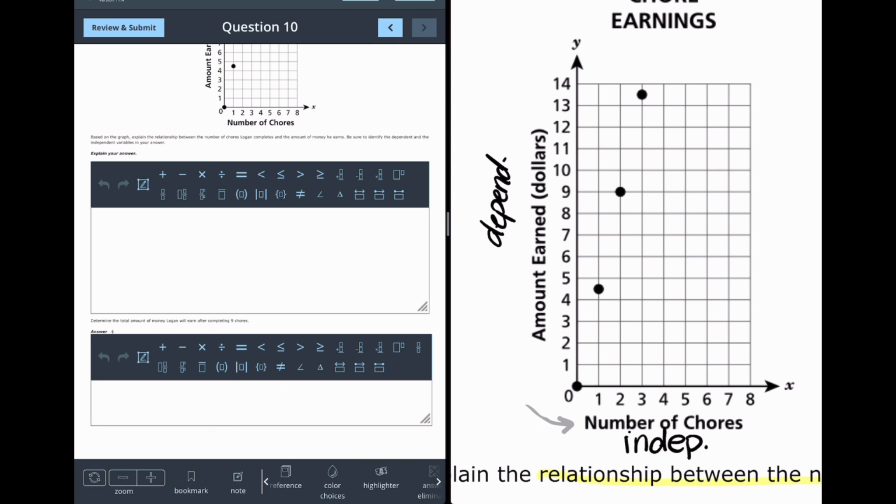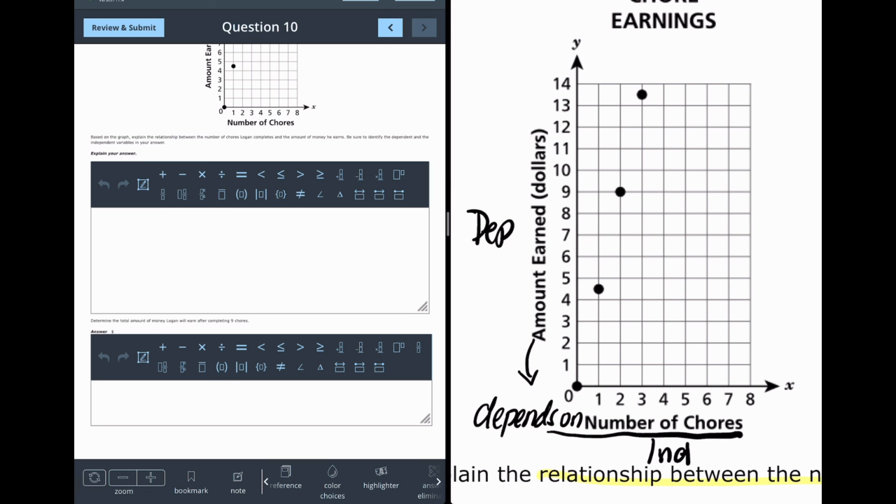Ooh, I actually like writing it that way. The amount of money earned depends on the number of chores. So this is dependent and this is independent. All right, so by looking at this, I want to know what the relationship is.